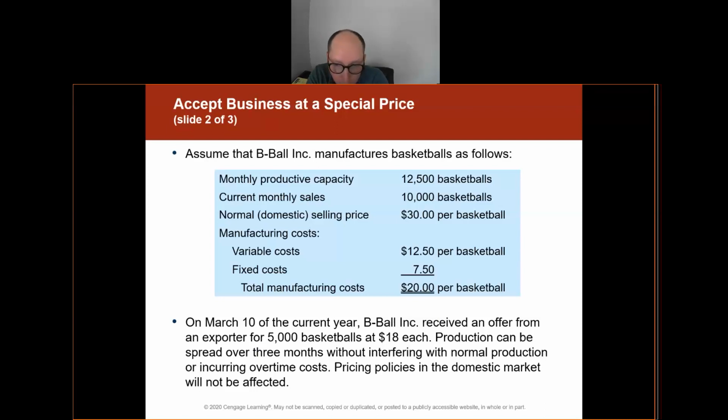So we received an order from overseas, and they want us to make 5,000 basketballs for them at $18 a piece. Production can be spread over 3 months without interfering with normal operations. So in other words, we won't go over 100% capacity.